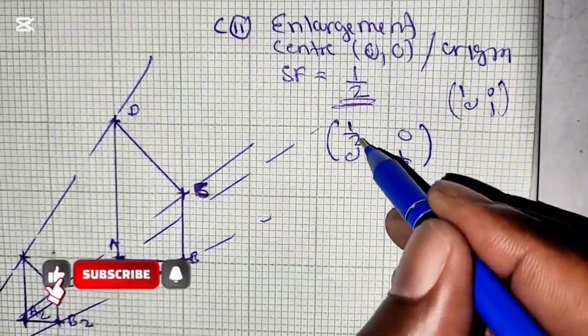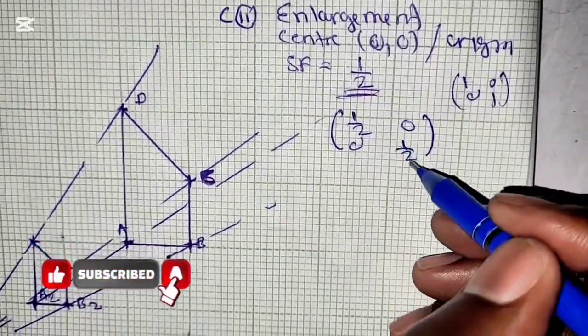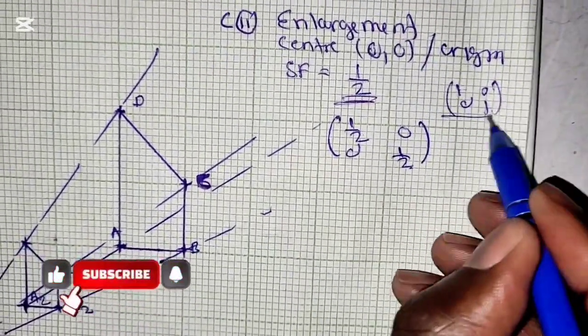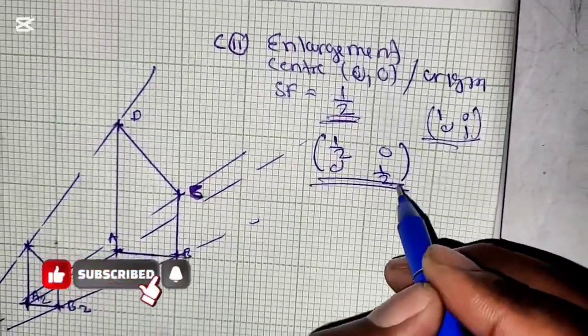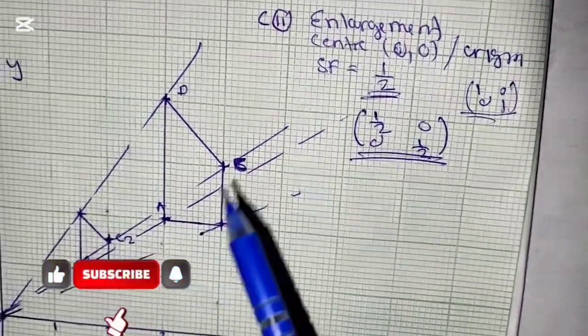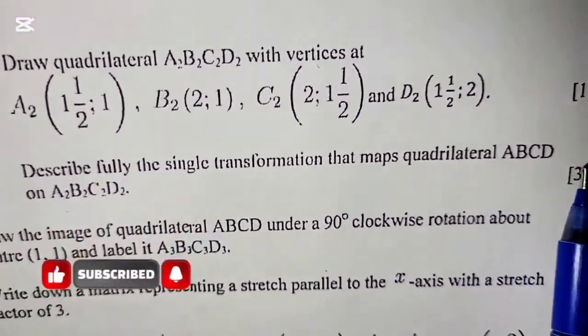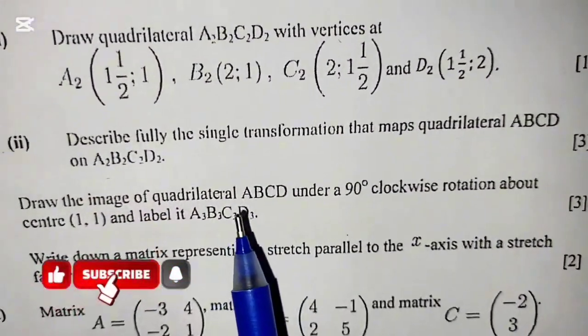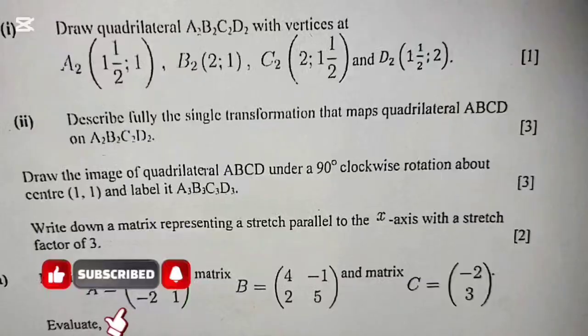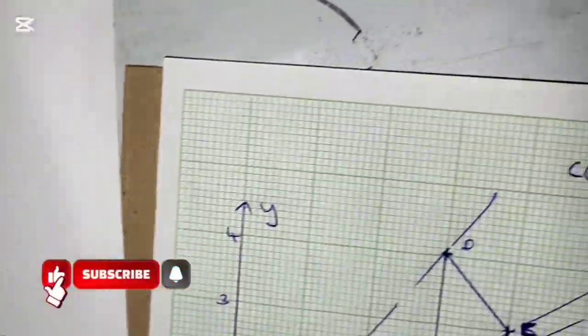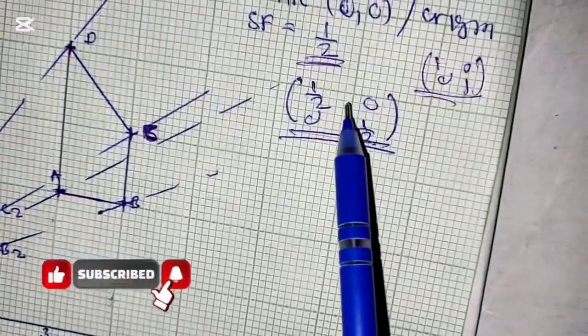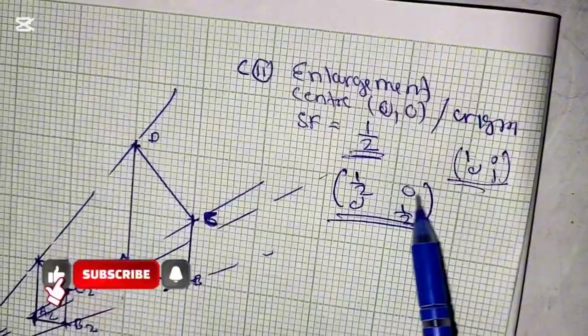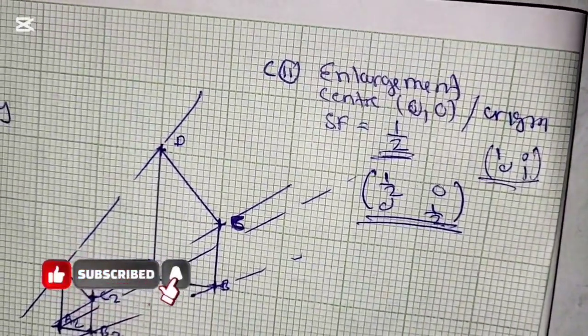So that's the description. The single transformation is enlargement, center 0, 0 or origin, scale factor half.